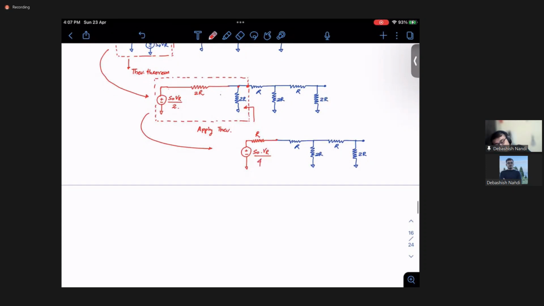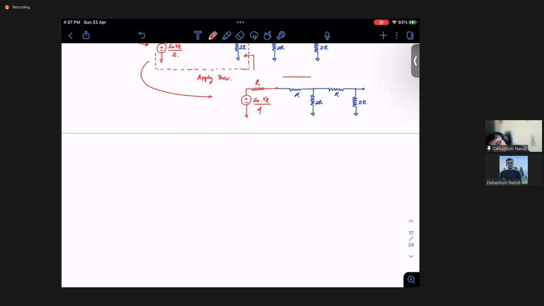So again, if we take this much of the circuit and apply Thevenin, now you can directly tell me that your circuit will simply look like this. So this portion is this one, and this is this, and you have this network.